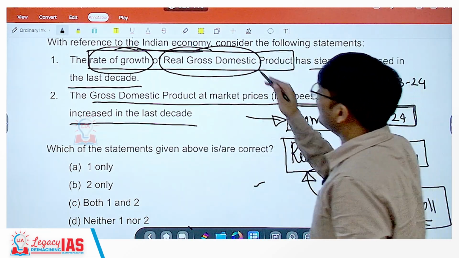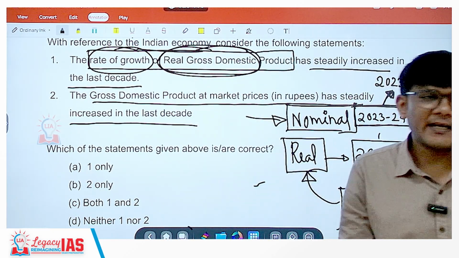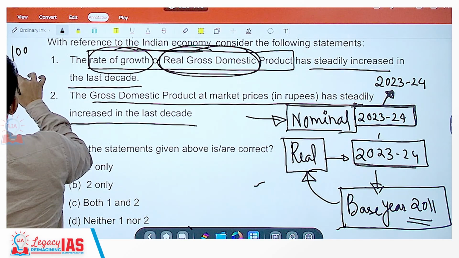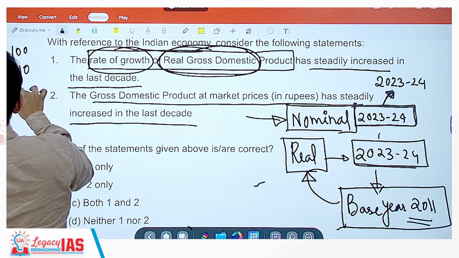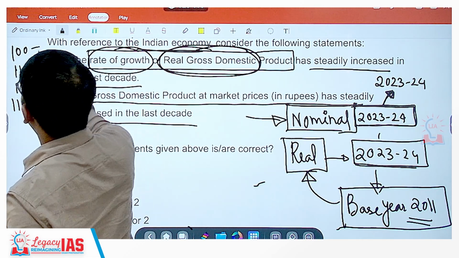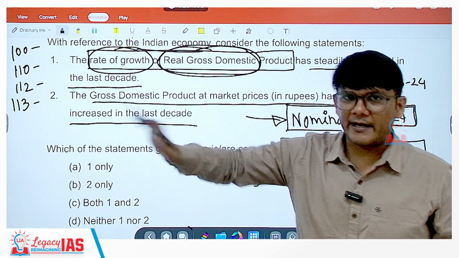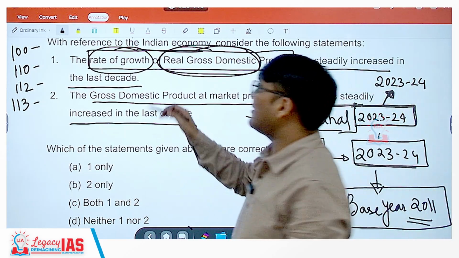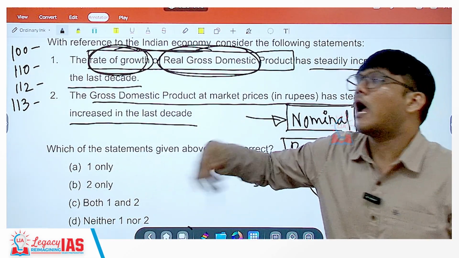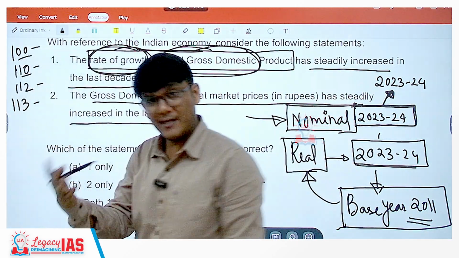So here they are asking about the increase in real GDP, and not just the increase. Previously if it was, let's say, 100 and then it became 110 and then it became 112, then it became 113, so this is the first year, second, third, fourth. This would be the increase in GDP, correct? But they are asking about the rate of growth. So is the rate of growth also steadily increasing? Absolutely not. Here the rate of growth from 100 to 110 was 10%.